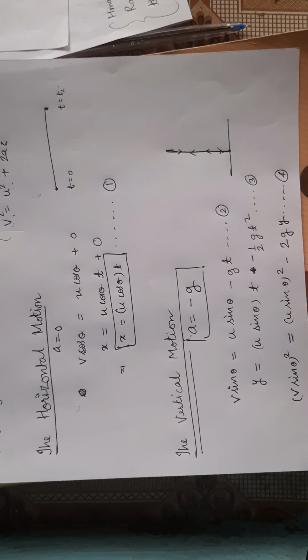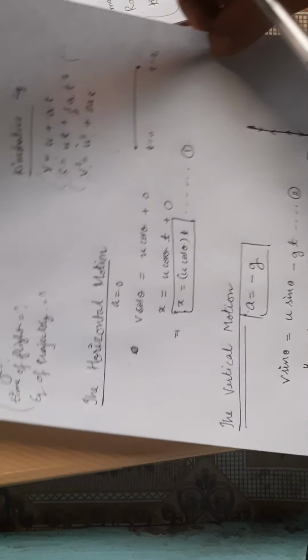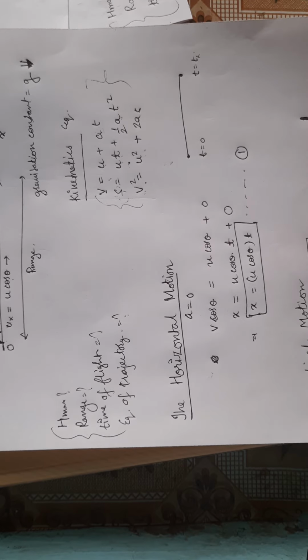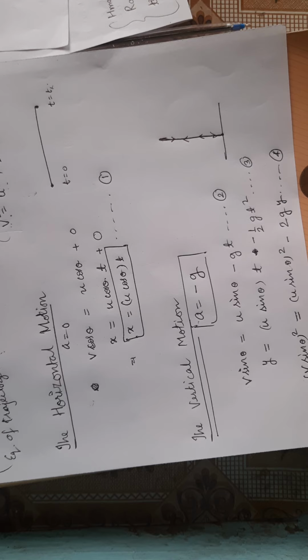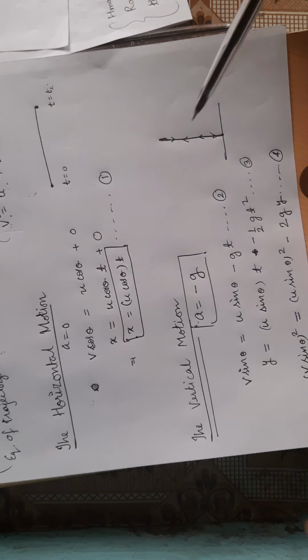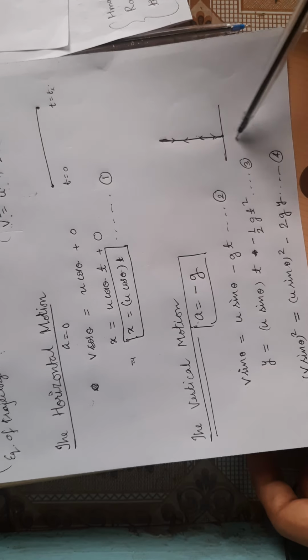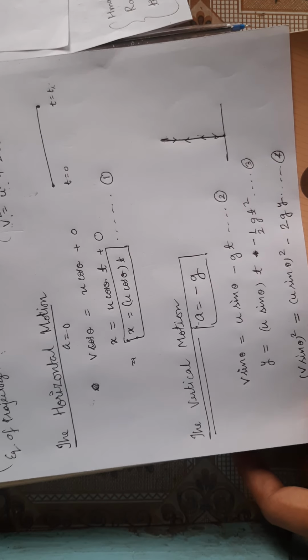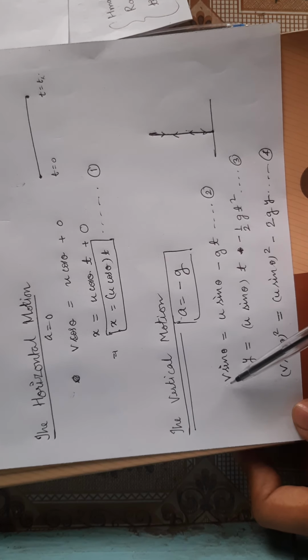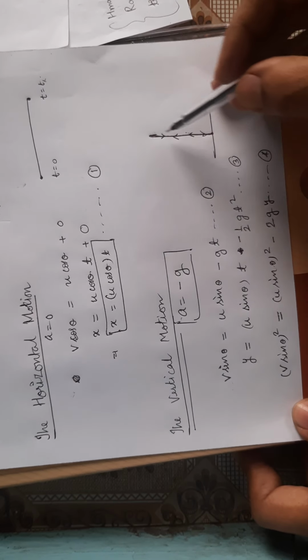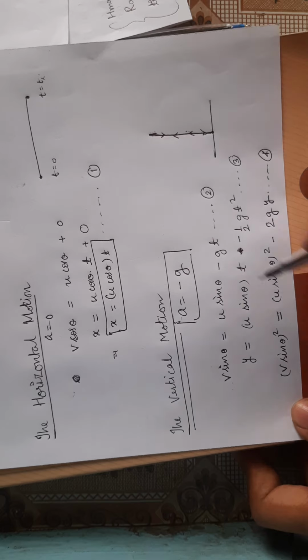So let's move forward and find the values of Hmax, range, time of flight, and the equation of trajectory from these four equations. For finding the maximum height, which is along the vertical motion, which equation can be used? You see that in the first equation there is no displacement term, so it cannot be used.